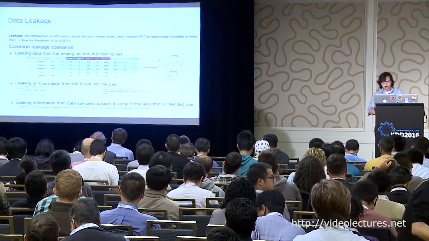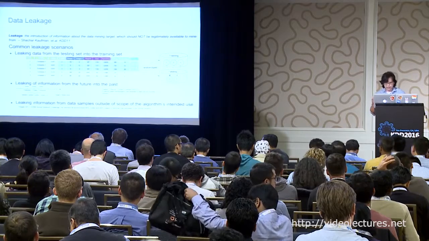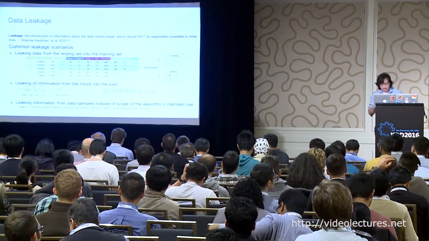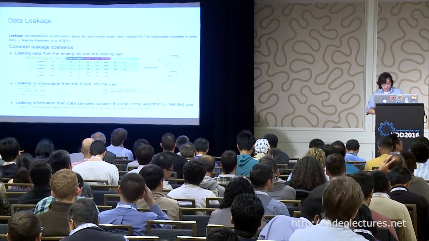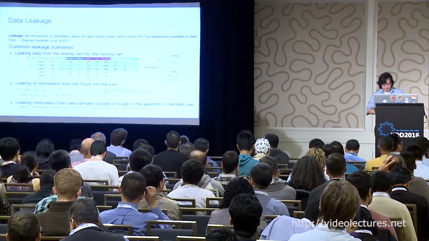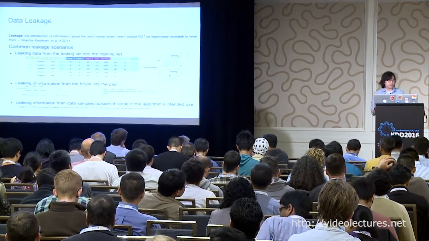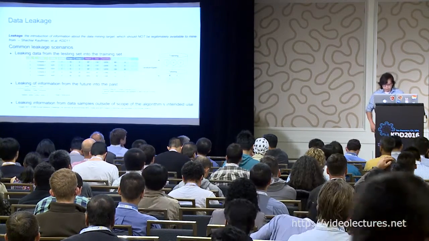In that paper, they also mentioned a third scenario, which is leaking information from data samples outside the scope of the algorithm's intended use. It happens more often in open data mining and machine learning competitions, for example the KDD Cup or Kaggle competitions.